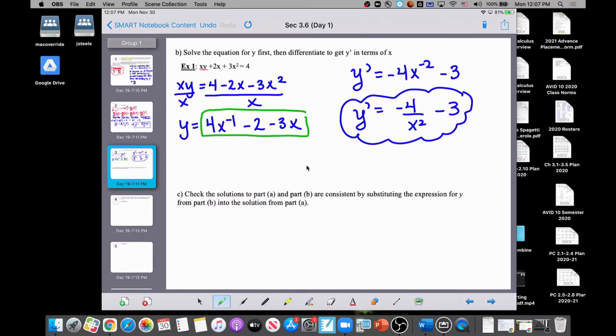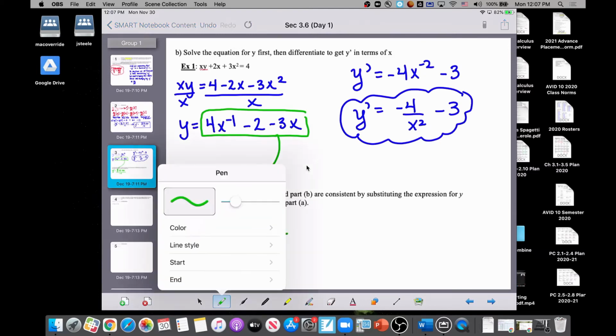We found that that is what y is equal to from part B. So if I take my solution from part A, which was y prime is equal to y plus 2 plus 6x, all divided by negative x. If I substitute that expression for y in and then I simplify, I should end up with the same result as I got from part B. So let's find out.